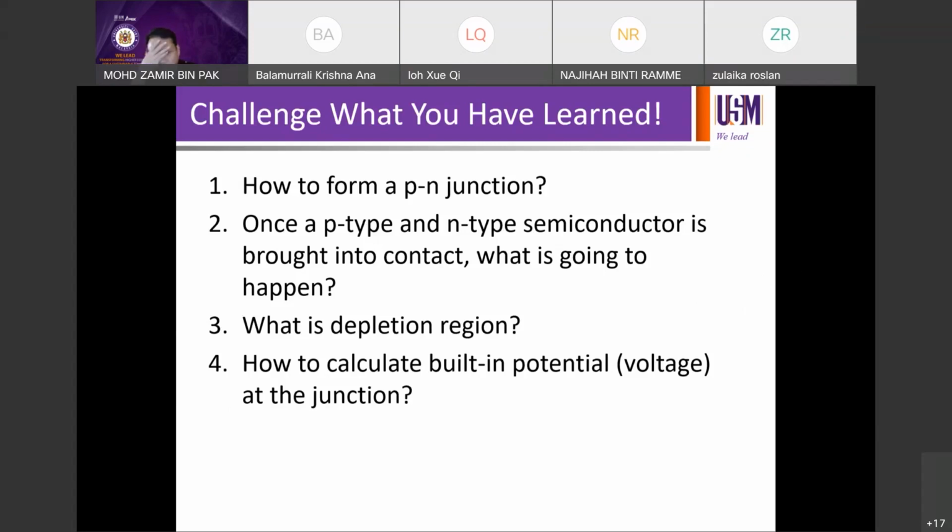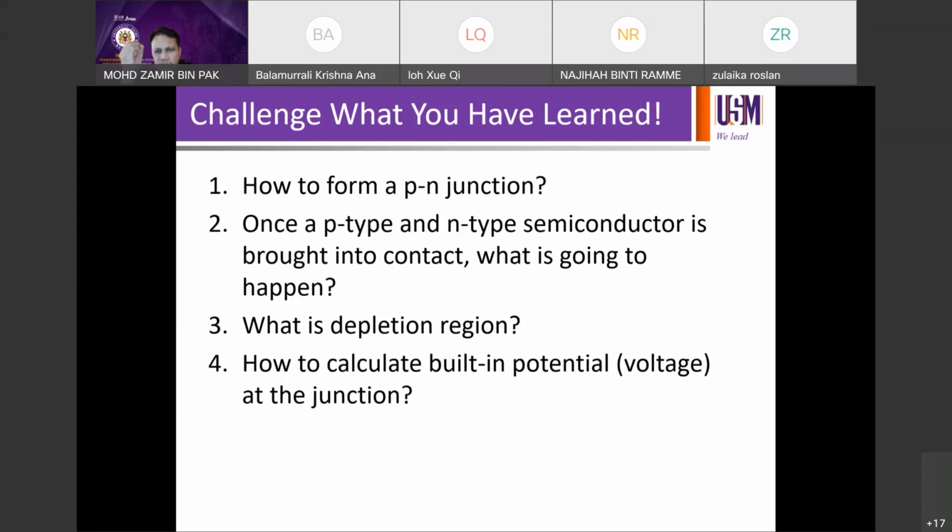How do you have that? What has to happen in order for you to have that region? The charge extension in the P and N region. To be able to get that charge, what has to happen first?